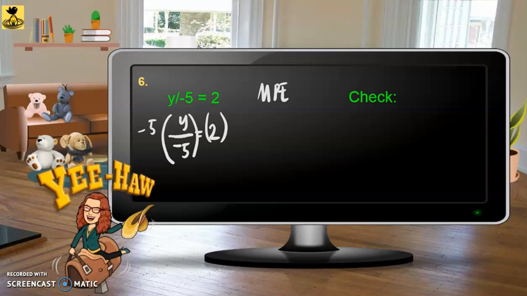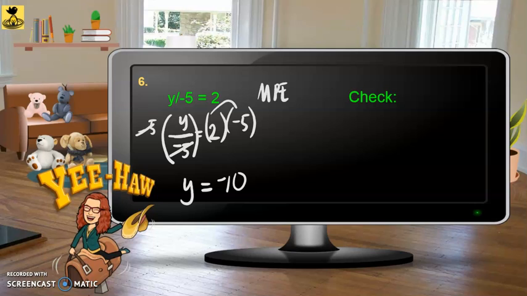Then we can cancel negative 5 here on the left. So what we have left on the left is y, and on the right is 2 times negative 5. So we have negative 10. So y is equal to negative 10.